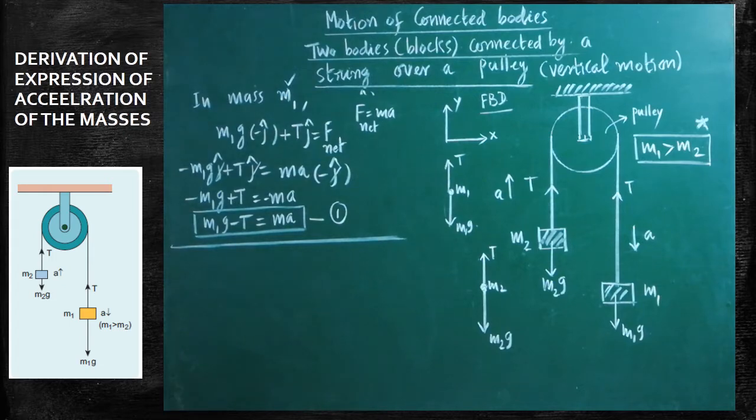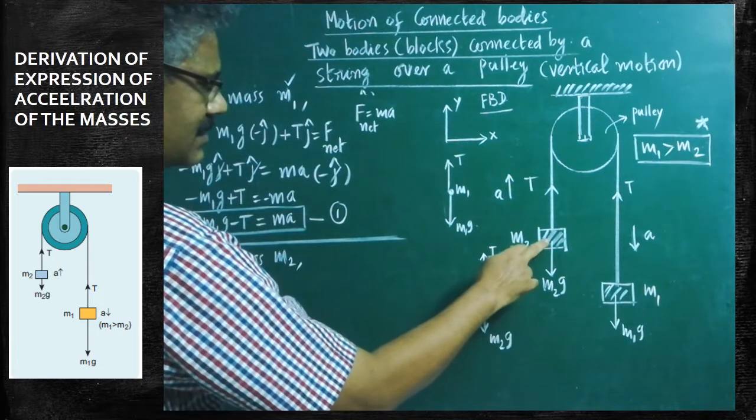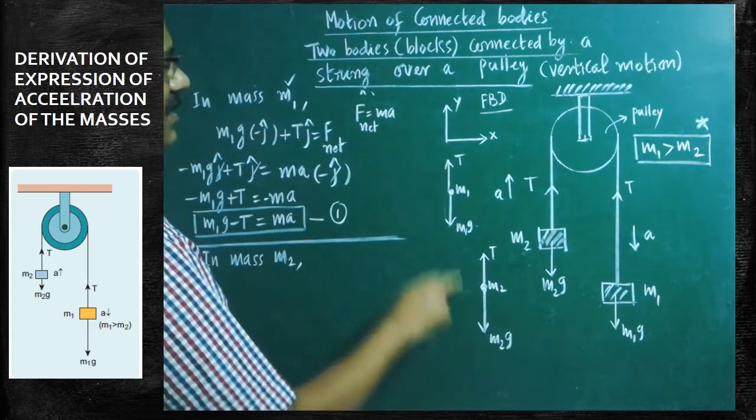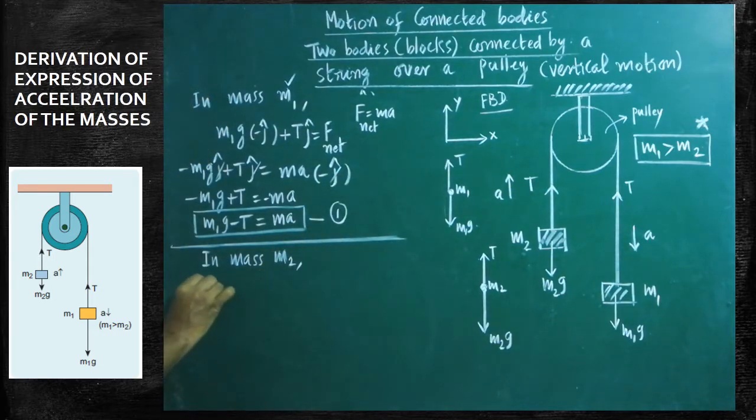mass m2 for derivation. Let us take mass m2. You have to consider the mass m2 alone. m2g is acting along which direction? Negative y direction. Therefore, minus m2g.